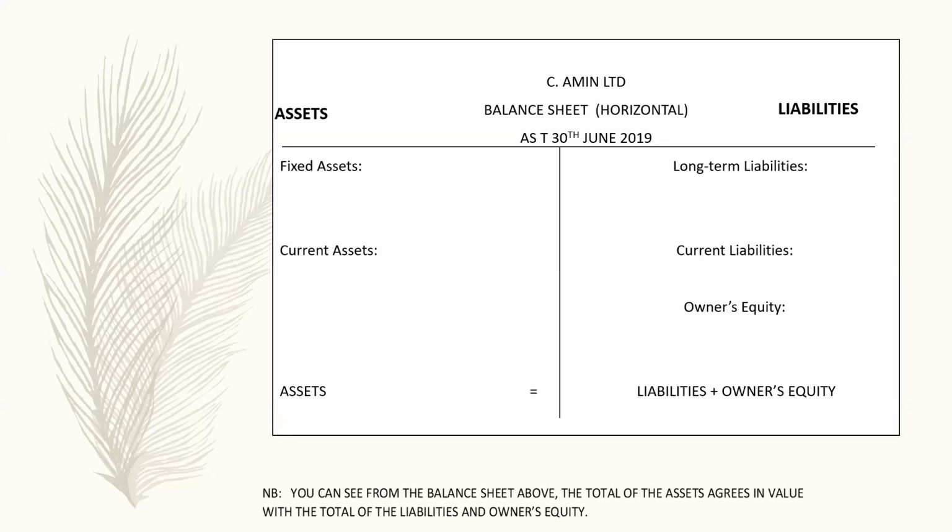We're going to start with our fixed assets. I'm going to walk through this with you. Make sure you have your balance sheet looking like this. I'm going to give you 2 minutes to draw up your balance sheet quickly. Leave space under your fixed assets, your current assets, your long-term liabilities, your current liabilities, and your owner's equity.